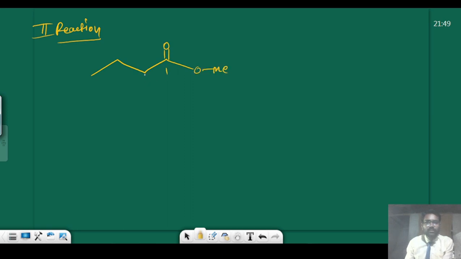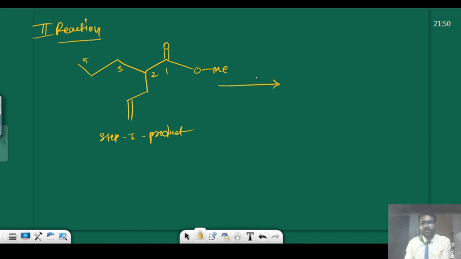At the second position, we substituted allyl bromide. We did alkylation, and 1, 2, 3, 4 and 5. This is the fifth carbon. So this is our substrate. This is the first step product.